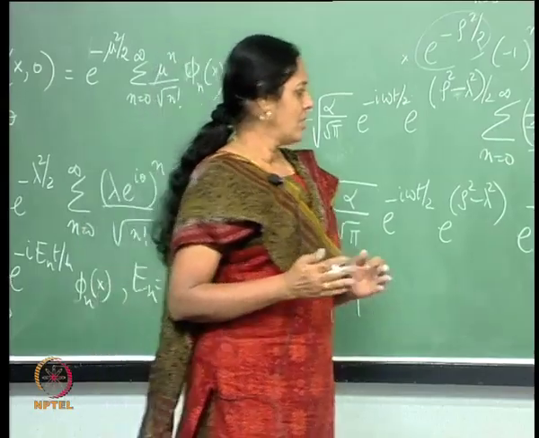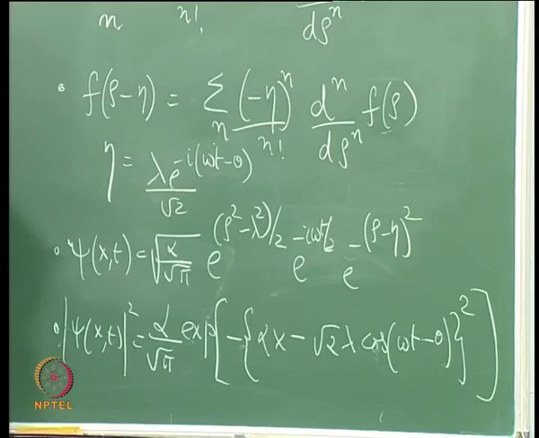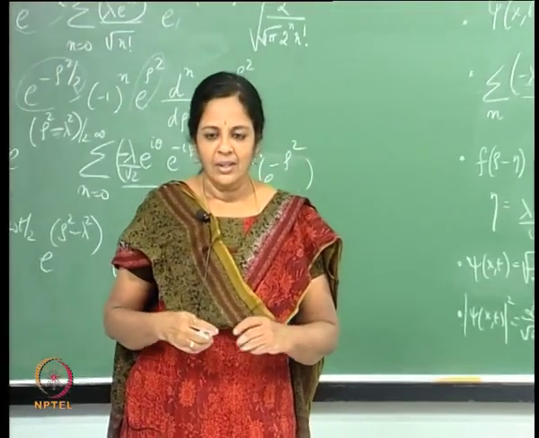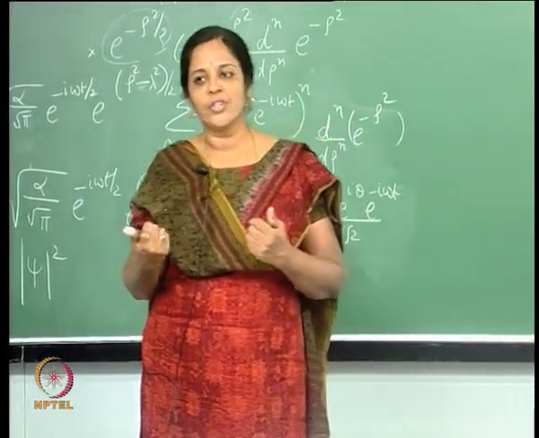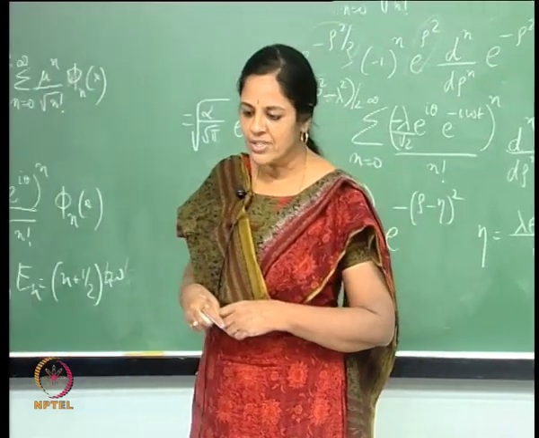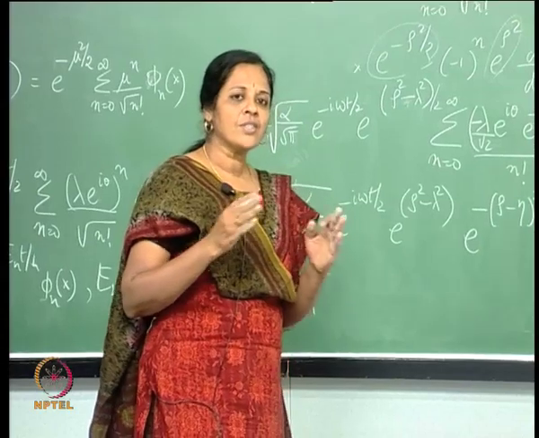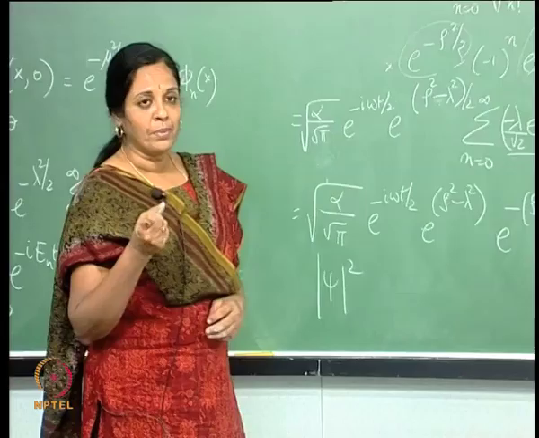Of course, the amplitude of the oscillation would depend upon lambda. But unlike the case of other more complicated potentials, which I would talk about in my subsequent lectures, in the harmonic oscillator potential, the coherent state continues to be a coherent state, merely executing simple harmonic motion.